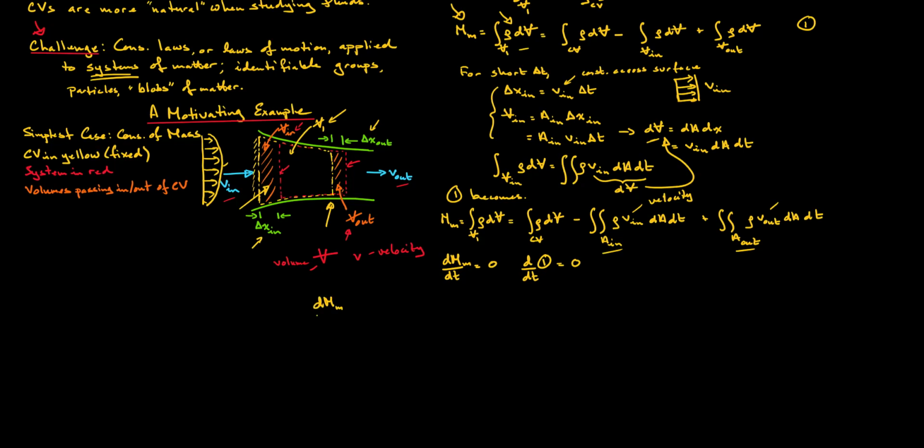So we have dm by dt is equal to 0 is equal to d by dt of the mass inside the CV at a given time t minus d by dt of our integral over A in, the area of the inlet, rho V in dA dt, plus the time rate of change, and that now is applied at the outlet.